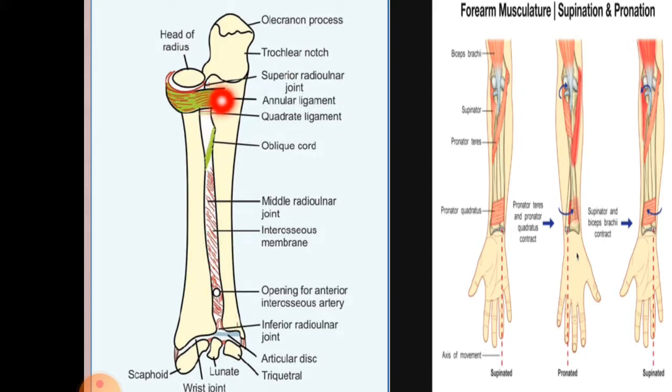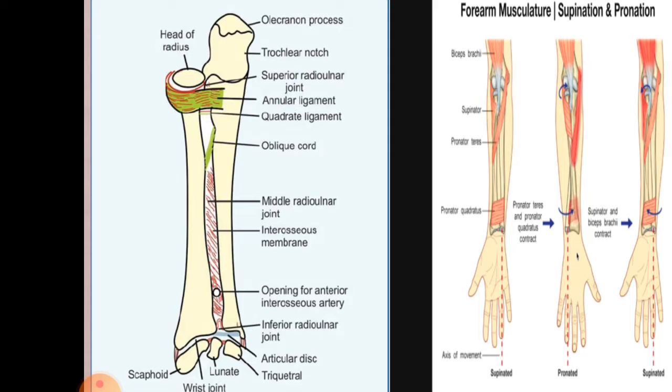There will be a notch, a radial notch that will accommodate the head of the radius, and the strength to the proximal radioulnar joint is provided by the annular ligament and also by the quadrate ligament to this joint.